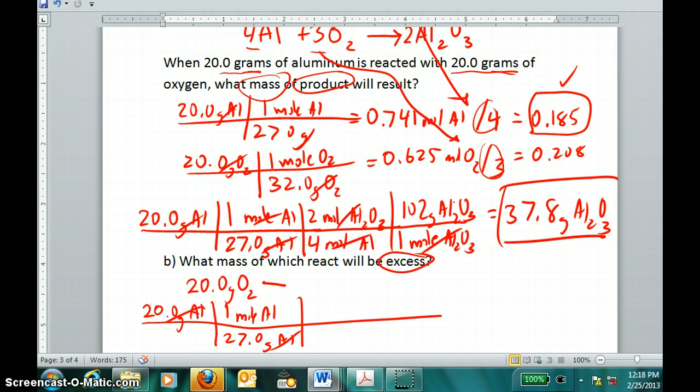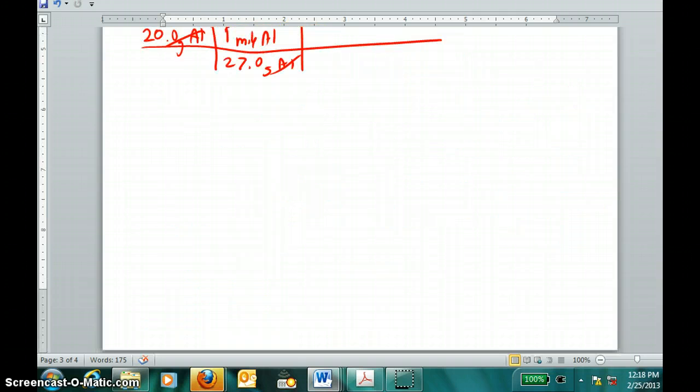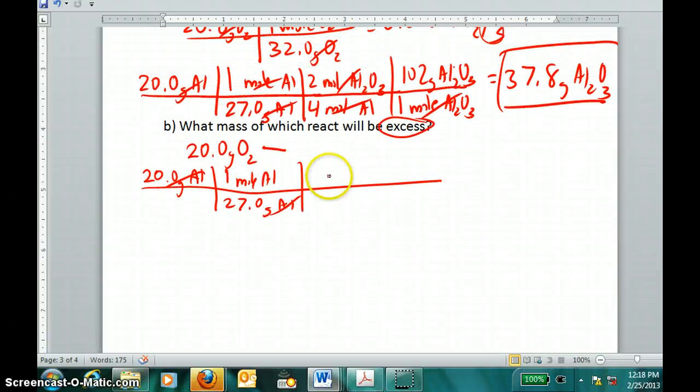And then the relationship between aluminum, the limiting reagent, and the excess reagent, oxygen, is 4:3. And there's my stoichiometry now, is that for every 3 moles O2 I had 4 moles of aluminum. That's how many moles of O2 I will use.